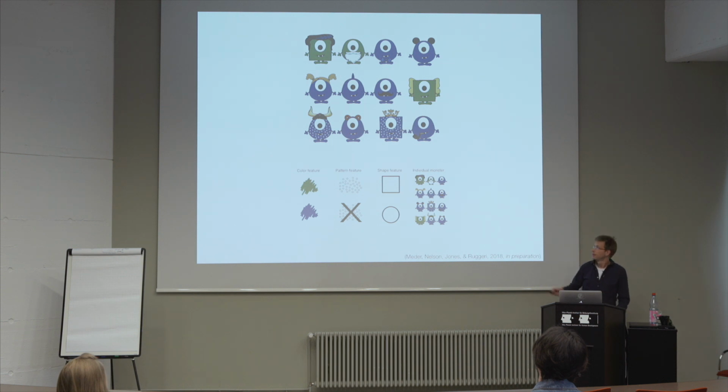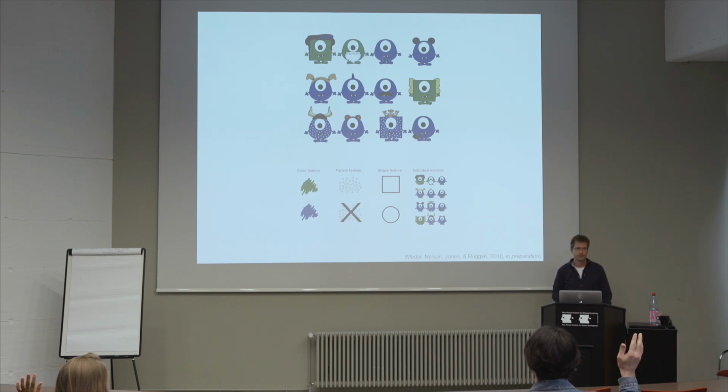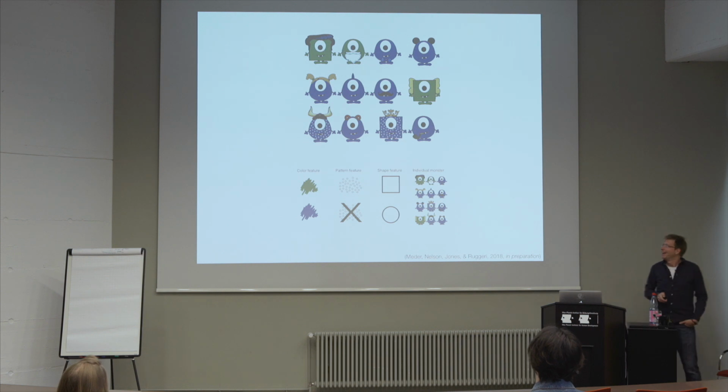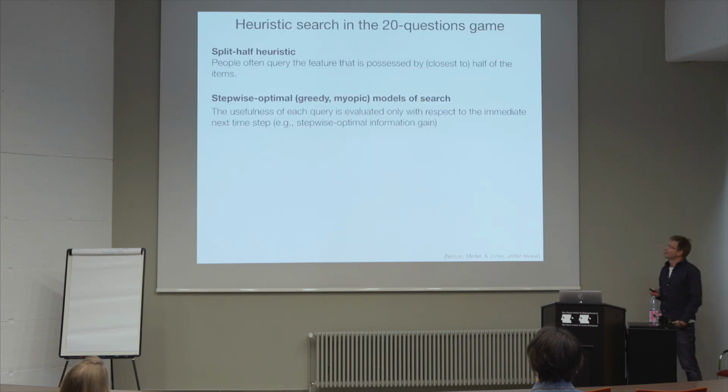Good, quite a few people. How about the pattern feature? Okay, a single person. The shape feature? Okay, quite a few. Does anyone like to start with asking about an individual monster? Yay, good. Okay.